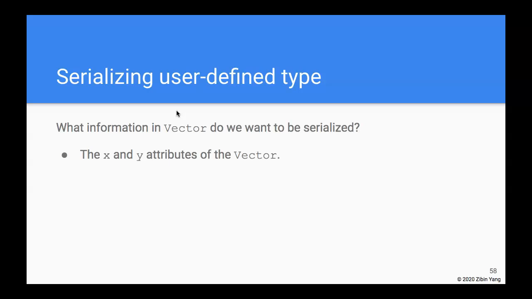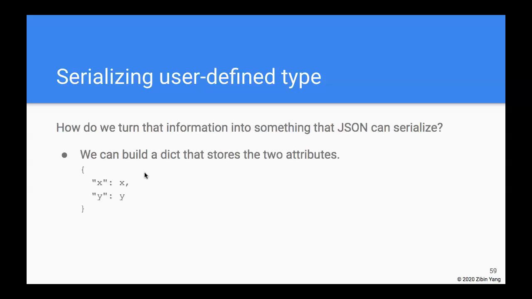Those are the two pieces of essential information for a Vector. So that's what we want to return. So precisely what format or object do we want to return the x and y in? Well, we know x is a number and y is a number. So that sounds like a key-value pair kind of thing, which is a dictionary, right?